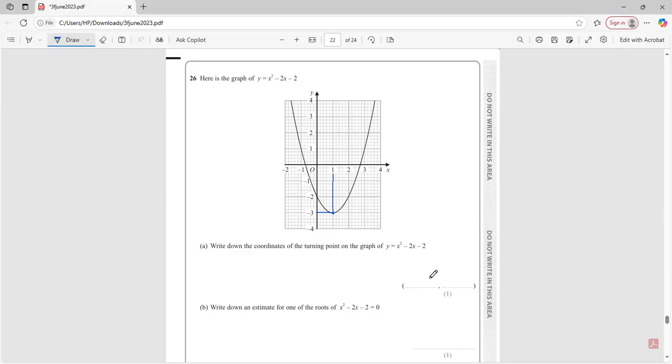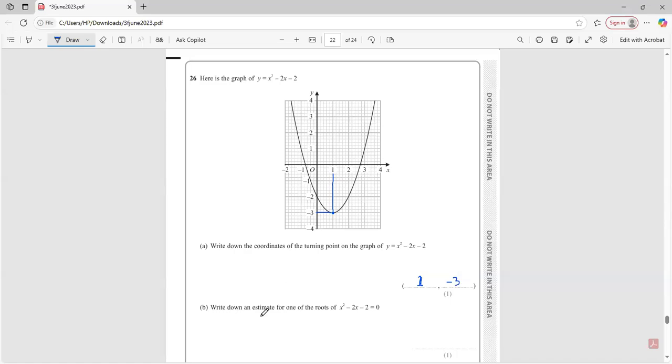So this is another place people are going to miss it. If you go and put the y value first, you're going to be wrong. So the x value is 1. Sorry for writing my 1 like that. And then minus 3. So that's the turning point, the point at which the graph turns.